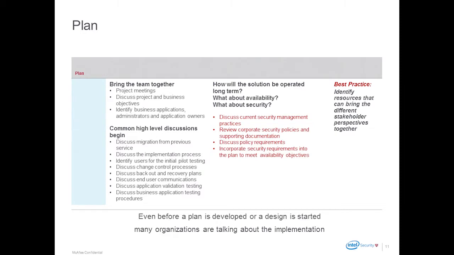Availability, what are the true security requirements based on the classification of the data that's going to be served, stored, or processed on the system. As a best practice, the project manager doesn't need to have all the answers. They just need to know who to call upon and who to engage in the early phases of the project.